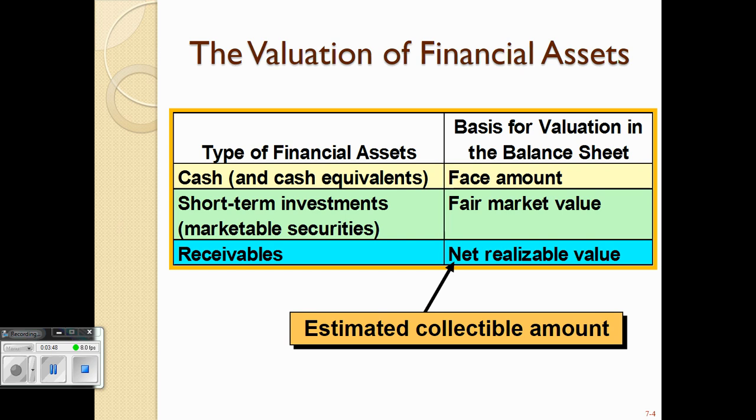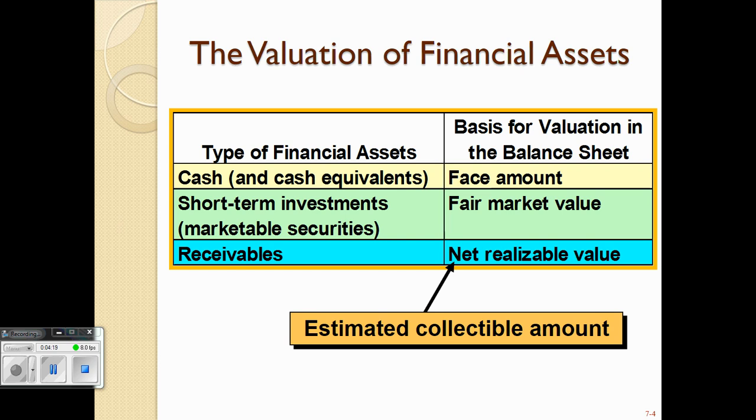There are a couple of exceptions, but for the most part, we're not going to worry about those exceptions this semester. And finally, accounts receivable. Accounts receivable are going to show up on our balance sheet at their net realizable value, which is what we expect them to be worth, okay? For example, if I sell $10,000 worth of goods to a well-respected, high credit company, I expect to get paid that 10 grand back.